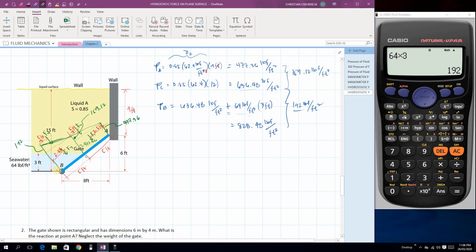So itong nasa baba, ito yung pressure sa point C. Okay. So itong part na to, hanggang dito lang, is same nung pressure sa point C, which is 636.48. So ito rin yung 636.48. Okay. So may mga pressure na tayo. So yan yung pressure diagram.